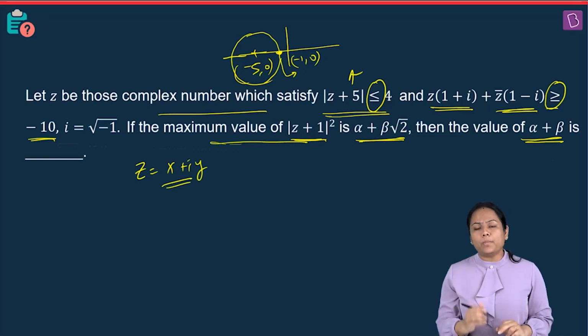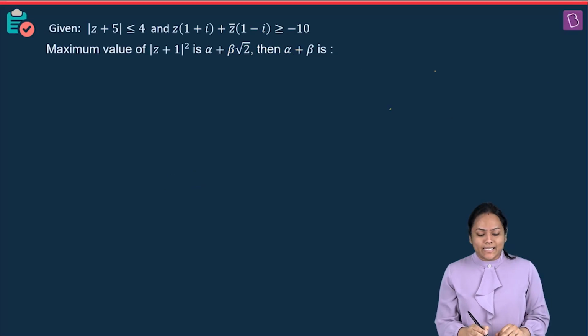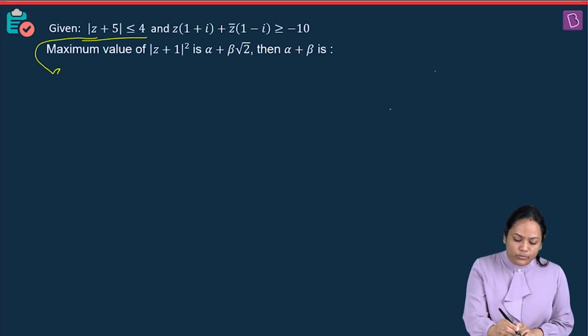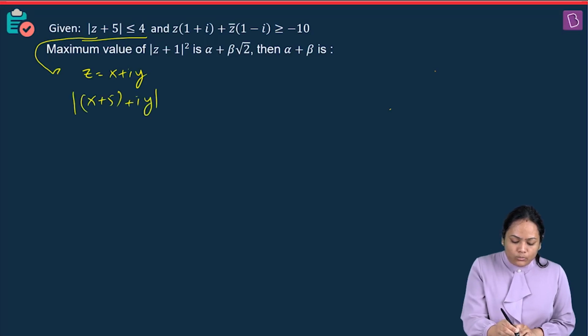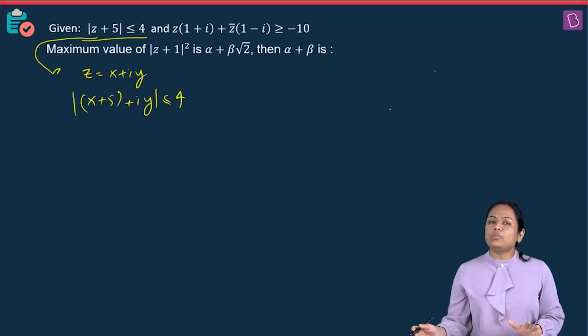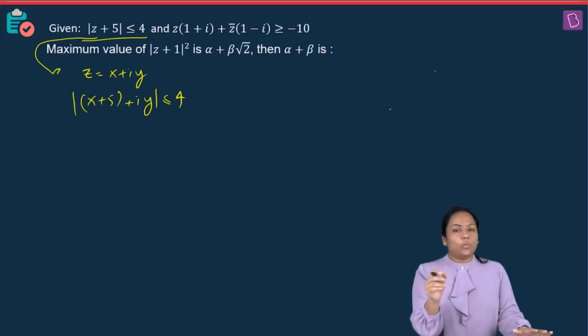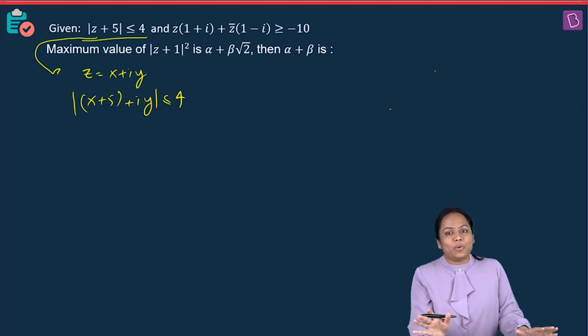So if we go by that, my first part, that is mod of Z plus 5 less than or equal to 4, when I put Z as x plus iota y, becomes mod of (x plus 5 plus iota y) less than or equal to 4. And you know that modulus of x plus iota y is root over x square plus y square, right?